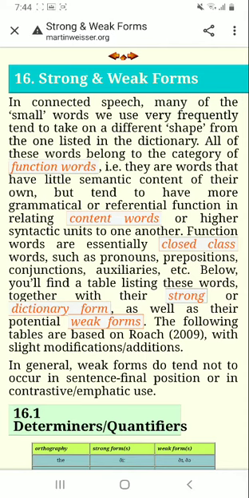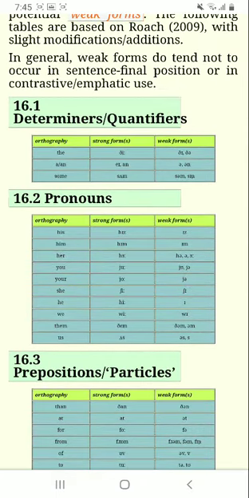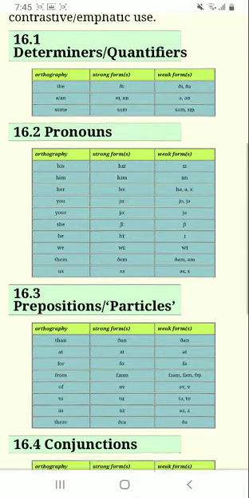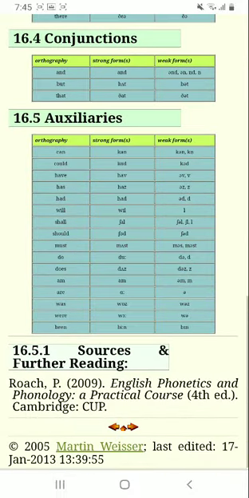We have function words, content words, closed class, strong dictionary and weak forms. So the thing is where we have to use the strong and the weak. We can use such weak forms and strong forms in all kinds of sentences with pronouns, prepositions, conjunctions, auxiliaries, and so on.